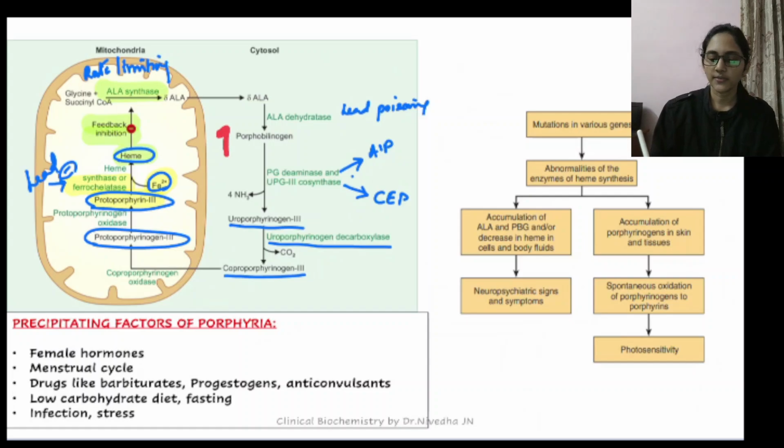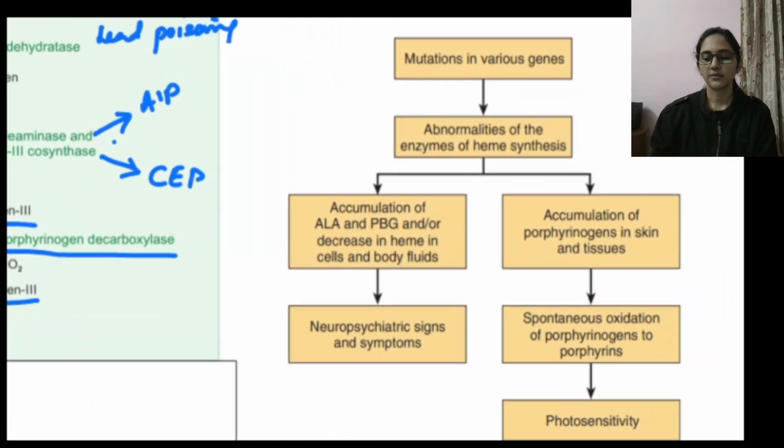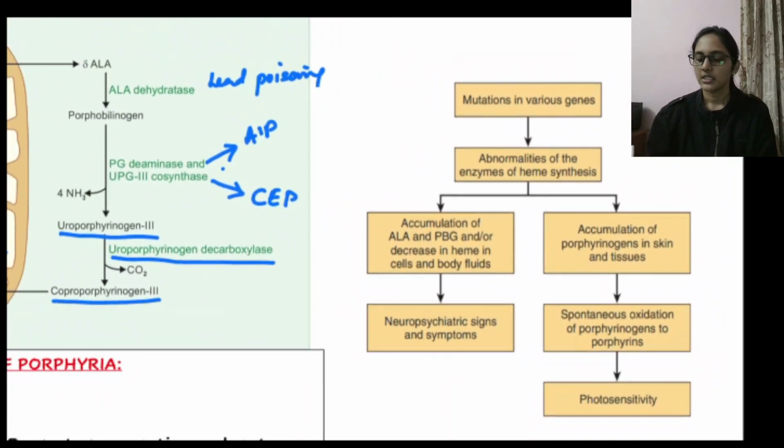It is because of the accumulation of the intermediates above the enzyme deficient level. Because of the accumulation only, I am getting symptoms. So that's the first point that you need to remember. So accumulation of ALA and PBG and decrease in the heme will lead to your neuropsychiatric symptoms. So ALA, PBG always affects your neurological side.